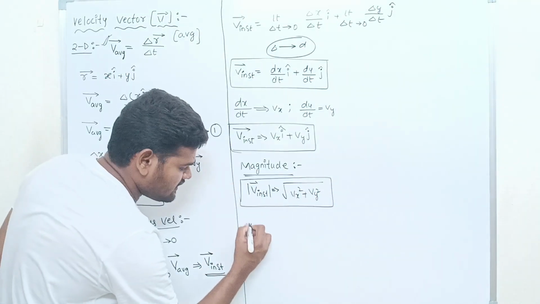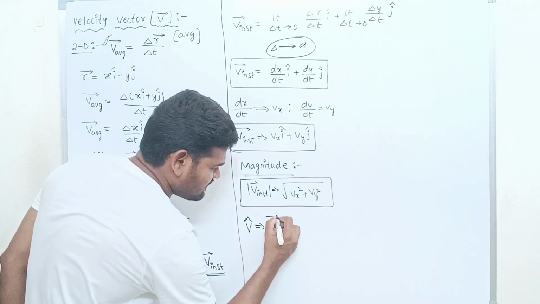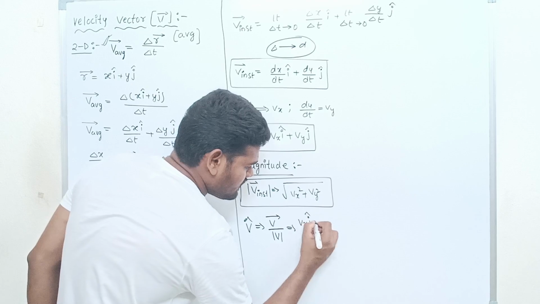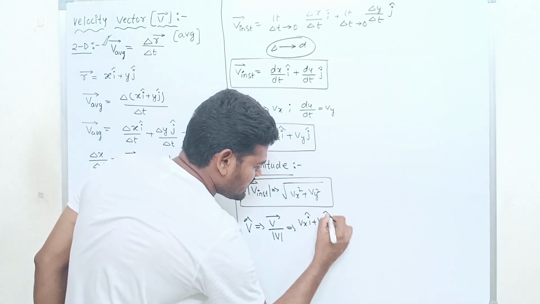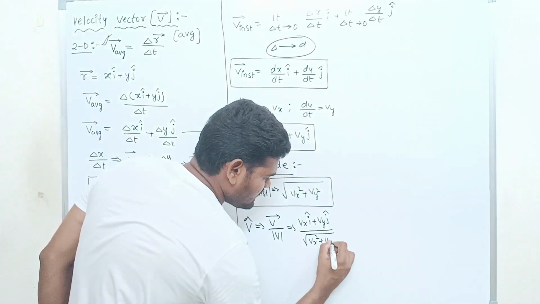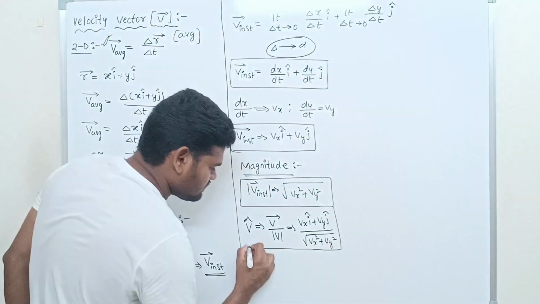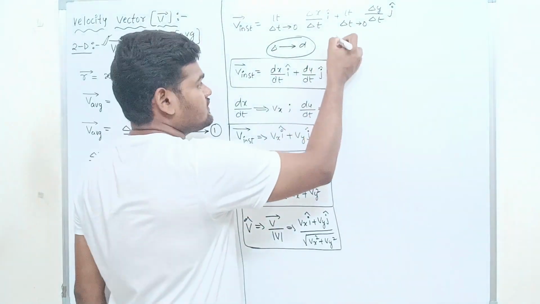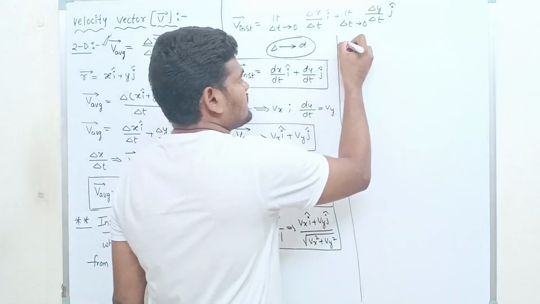If you want to find the unit vector, V cap is equal to V bar divided by the magnitude of V, that is Vx i cap plus Vy j cap divided by the square root of Vx squared plus Vy squared.